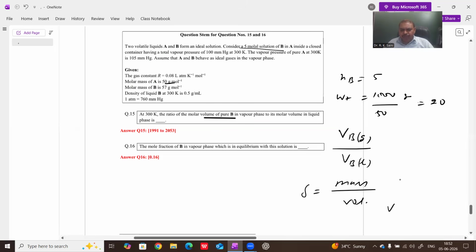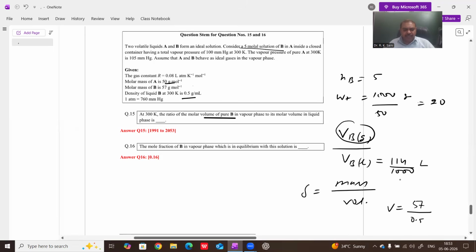Therefore, the volume of 1 mole is molar mass over density. The molar mass of B is given as 57, and the density of B is given as 0.5. Therefore, the volume is 114 ml, or divided by 1000, in liters. Now find the volume of B in vapor phase.